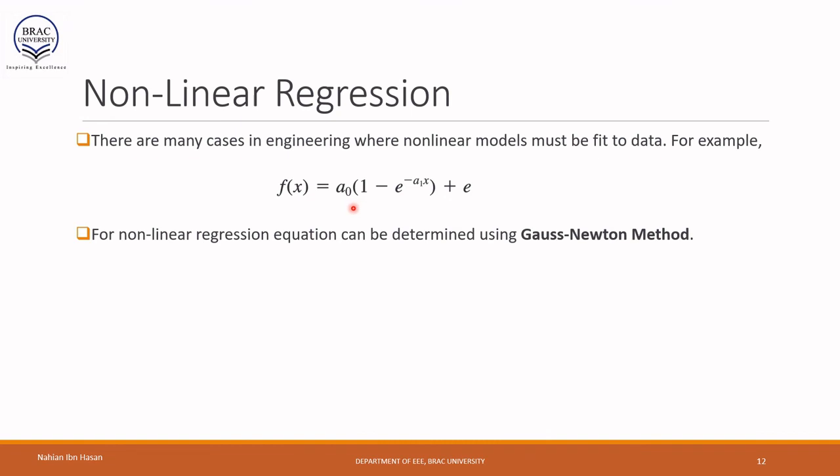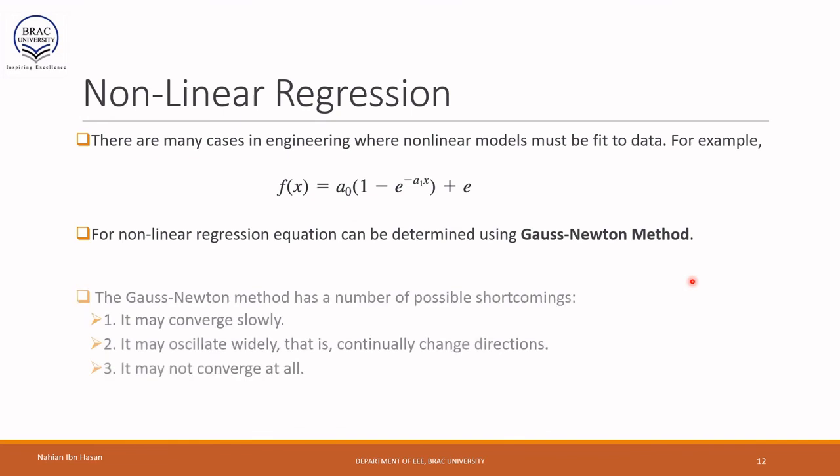For nonlinear regression, the equation can be determined using the Gauss-Newton method. This is not the same as linear regression, so we need to get to other methods like the Gauss-Newton method for nonlinear regression. But the Gauss-Newton method has some shortcomings. That means there are some limitations of this method. First of all, it may converge very slowly.